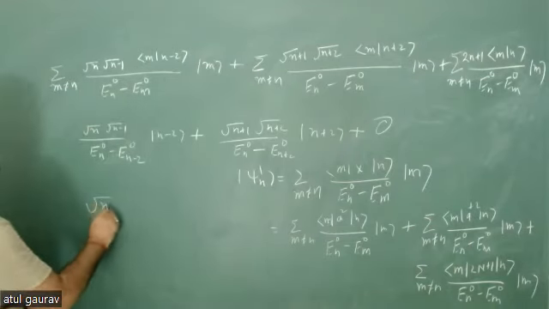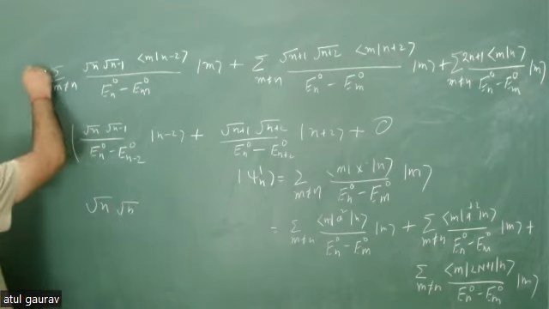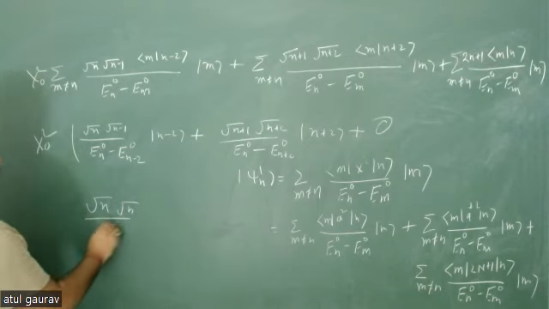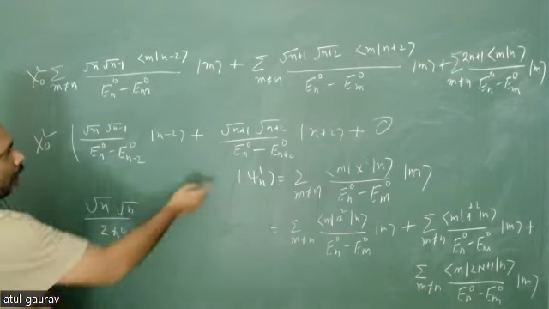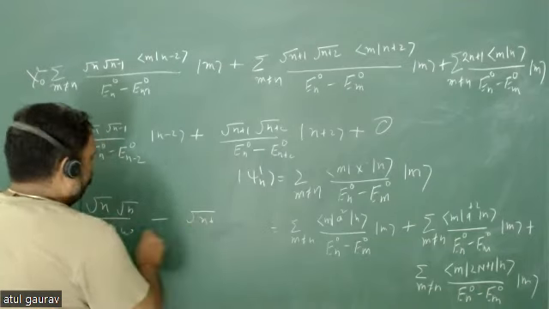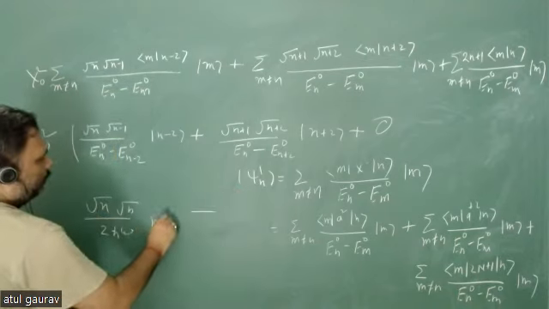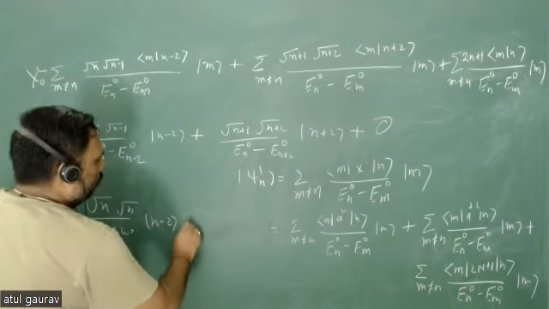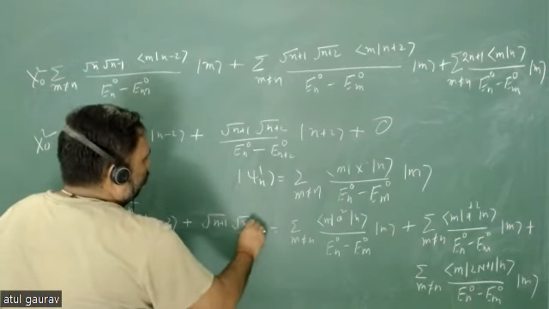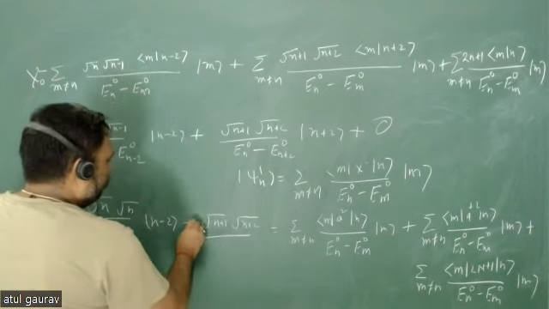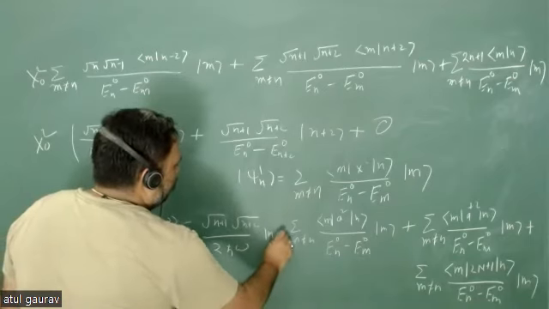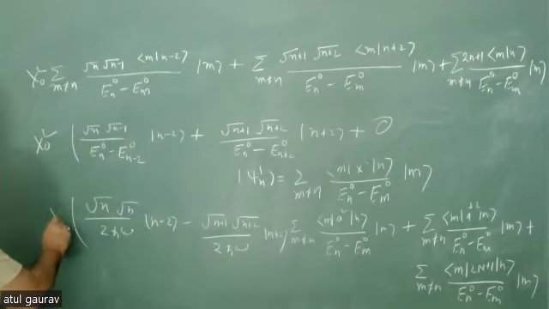So this value is root n times root n minus 1, and obviously x naught squared is there, so don't forget this dimension, and you have 2 h cut omega. I can take the negative sign here. And that is, obviously, |n minus 2>, and then root n plus 1, root n plus 2, with negative sign, 2 h cut omega, and |n plus 2>, and you have x naught squared.